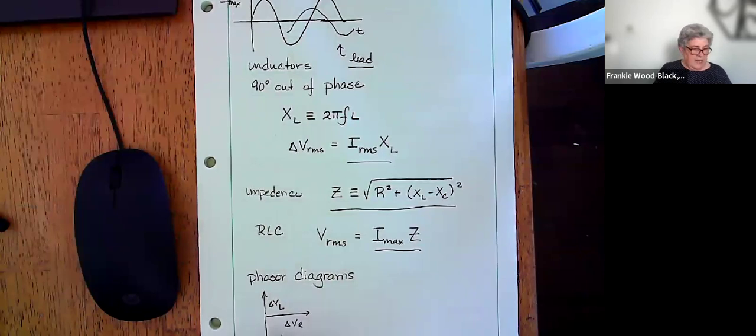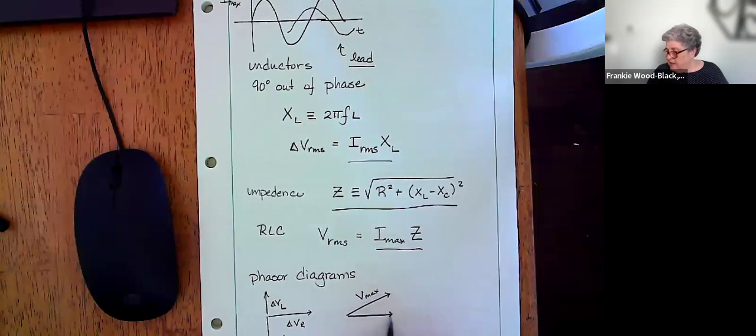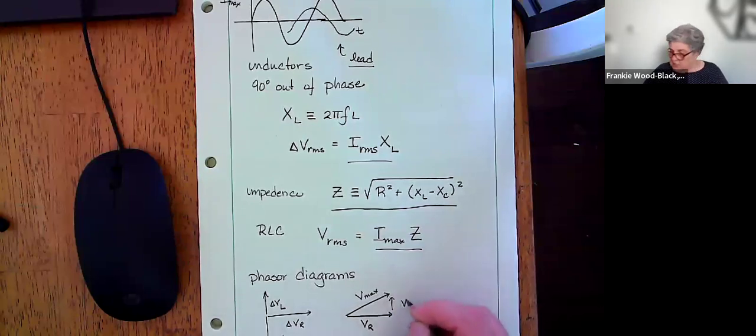And I'm going to get an addition of my vectors that'll get there. So what I end up with is an arm. This will be my V max. It's going to be my V of my resistor, and this comes from the voltage VL minus VC.